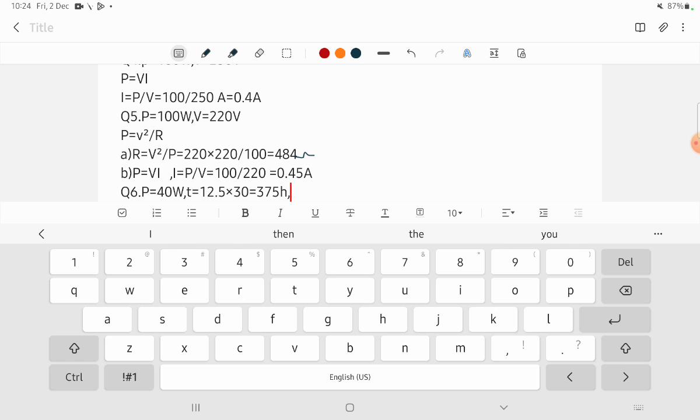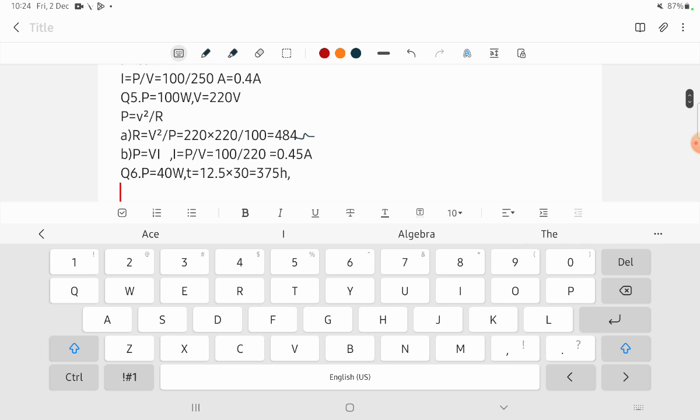Okay, calculate the electrical energy consumed. So we know that there is a unit called kilowatt hour. You know, kilowatt hour is not the unit of power, it's the unit of energy, because kilowatt is the unit of power and hour is the unit of time. So kilowatt into hour, this is the unit of energy.